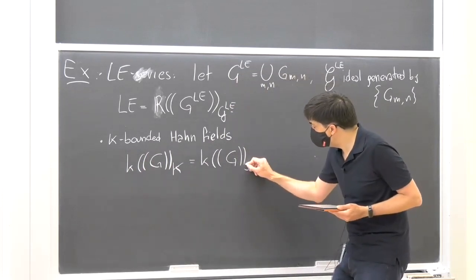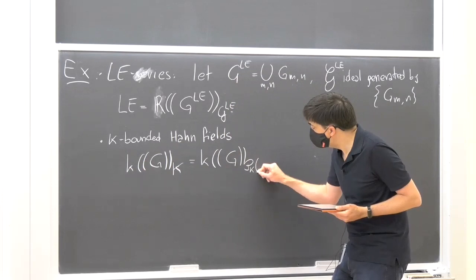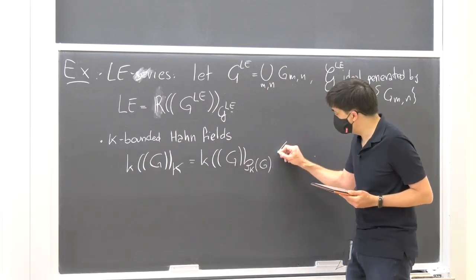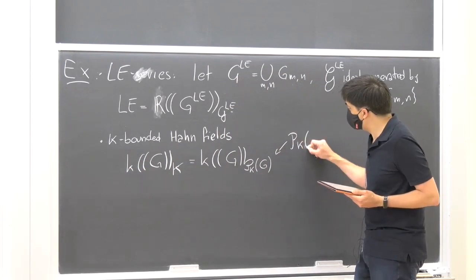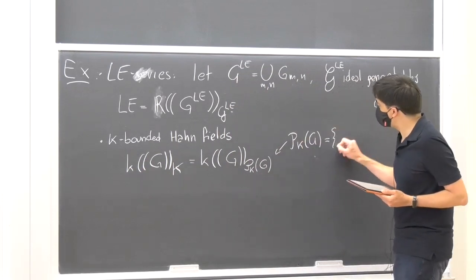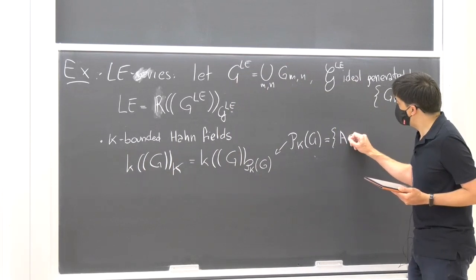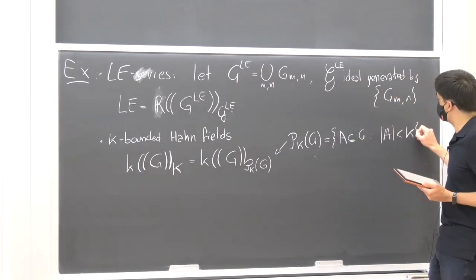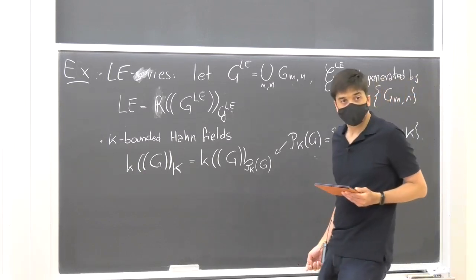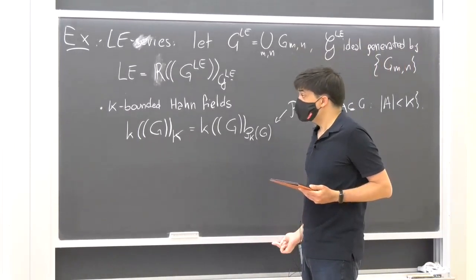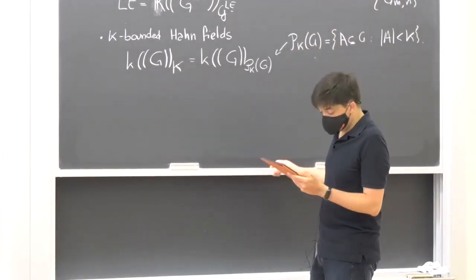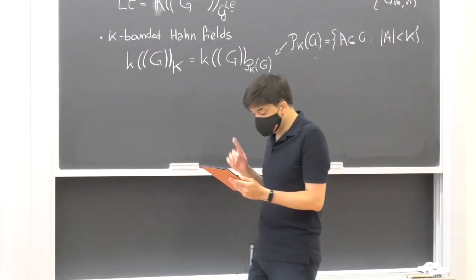This would be the ideal of subsets of G of cardinality less than kappa. So P_kappa(G) is the set of subsets of G of cardinality less than kappa. I'm saying subsets, and in fact I'm going to make a comment in a moment about this, in case you're wondering.